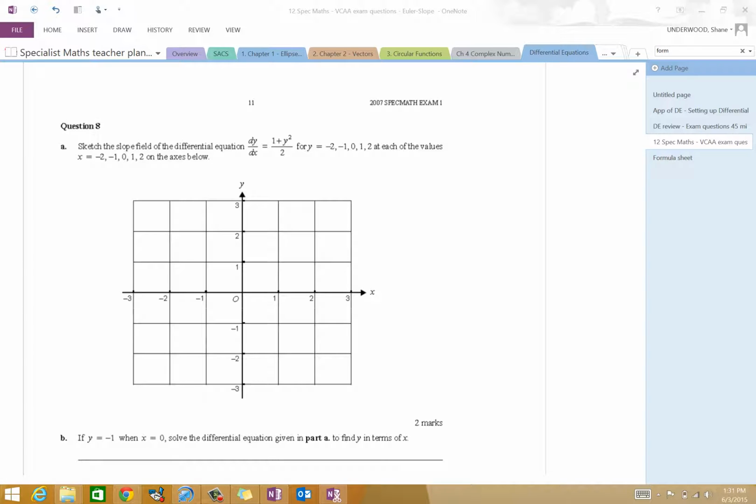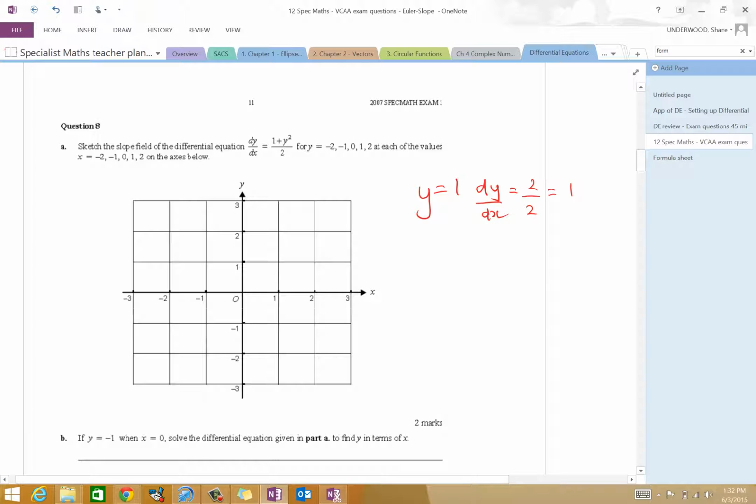When y equals 1, what does dy/dx equal? We're just going to pick some values. What is it? 2 on 2? Which is 1, isn't it? Okay. So, when y equals 1, what can you tell me about the slopes?